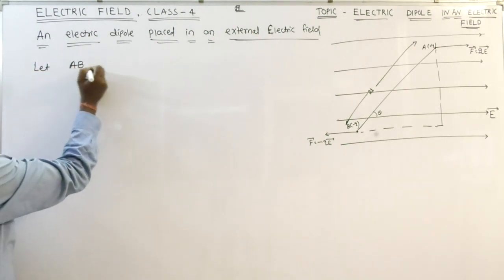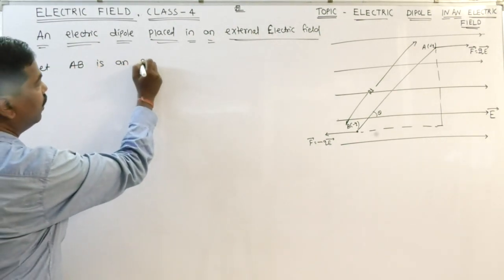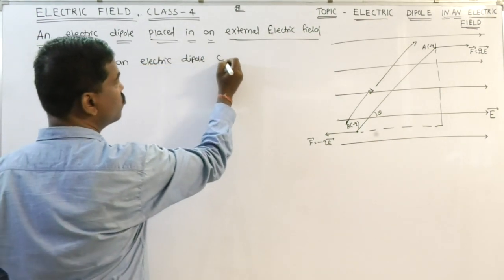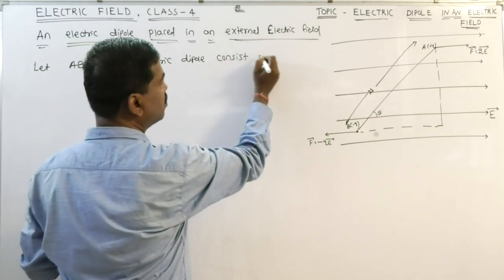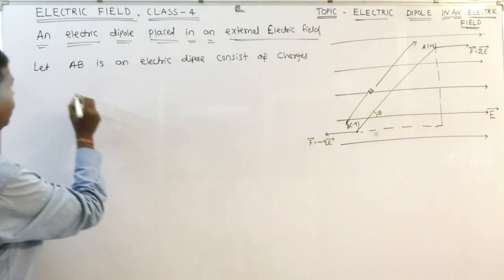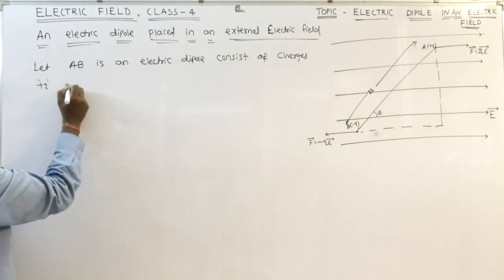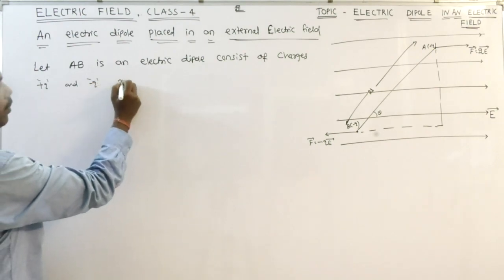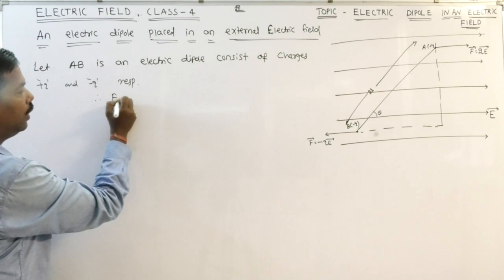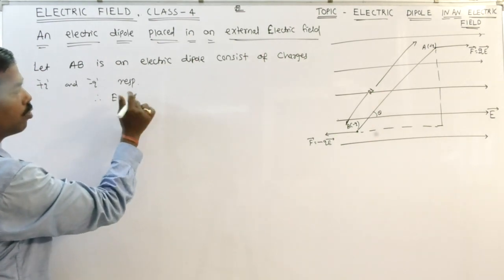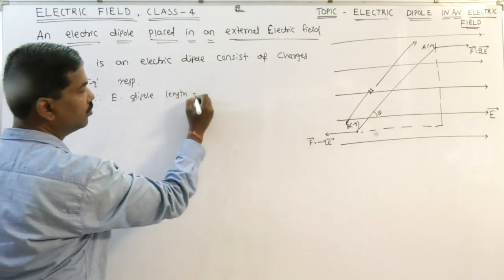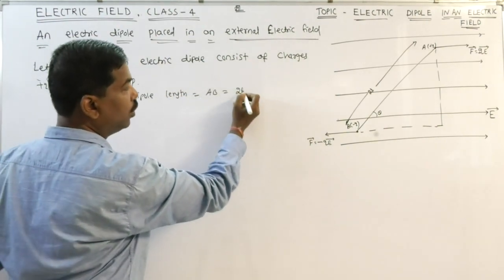Let AB be an electric dipole consisting of charges plus q and minus q respectively. Therefore, electric dipole length AB is equal to 2l.